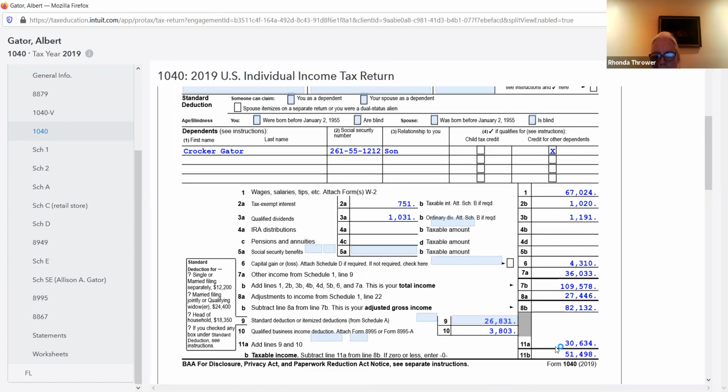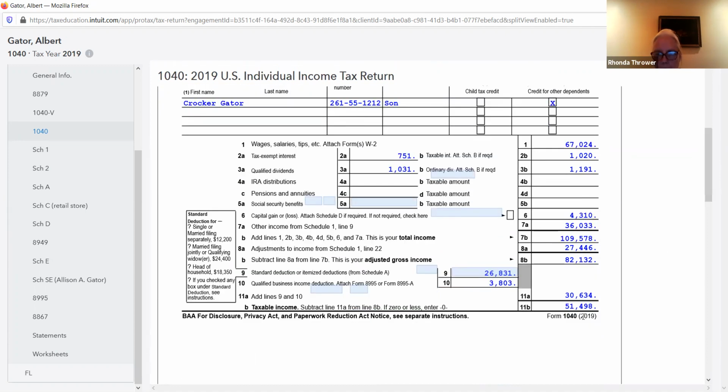All right, and then you're going to add lines 9 and 10, and that'll give you 11A. And then you're going to subtract 11A from 8B. So subtract 30,000 from 82,132, and that'll give you 51,498. Now, there should be a capital gains worksheet that this produces for you, and that worksheet is right down here.